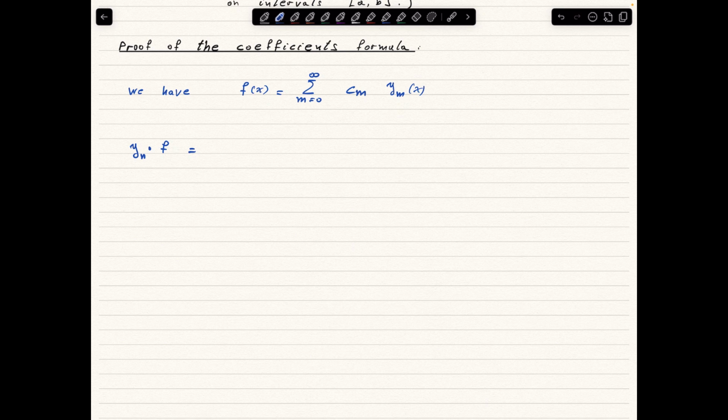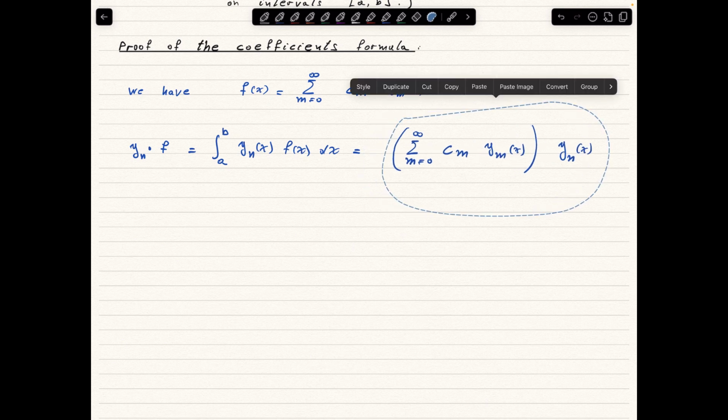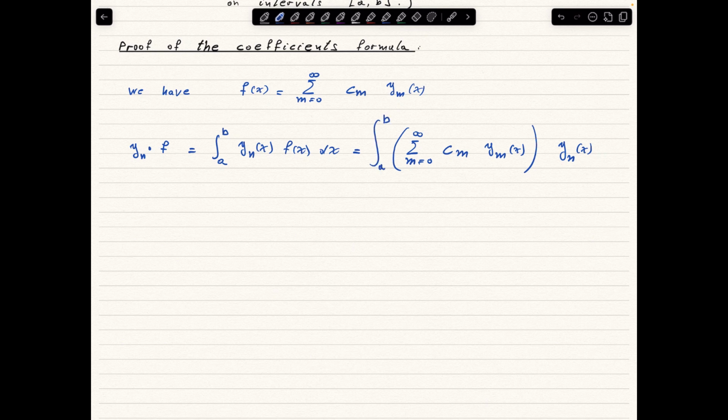On one side, this dot product, recall, is the integral from a to b of y_n of x f of x dx, but it is also equal to the sum from m equals 0 to infinity of this coefficient c_m y_m of x, and all that we need to multiply by y_n of x, and then we need to integrate that from a to b dx.